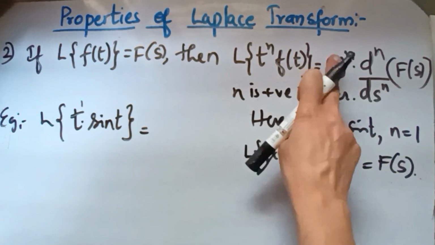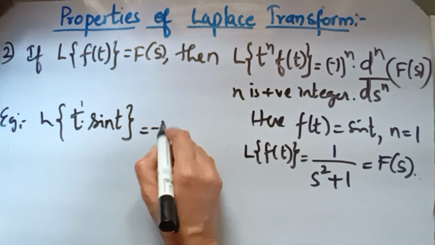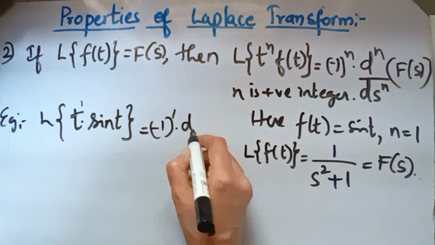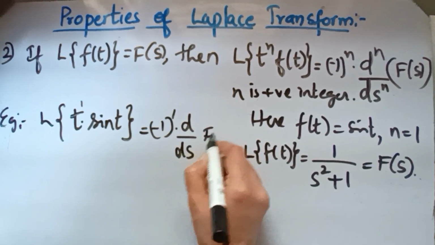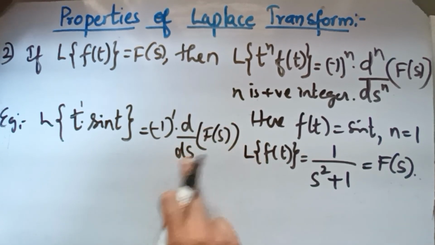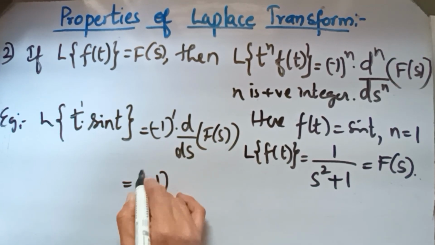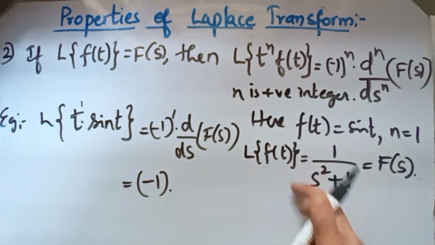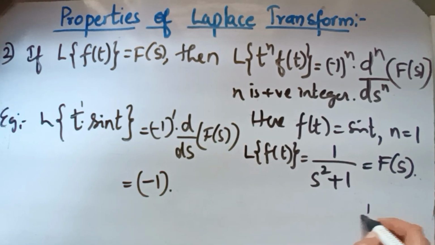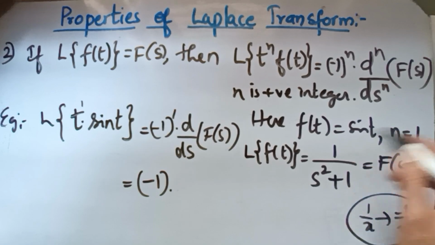So as per this property, this is minus 1 to the power 1 into d by ds of F of s. You have to find out the first derivative of F of s. So the minus 1 power 1 is minus 1 into, what is the derivative of 1 by s square plus 1? Derivative of 1 by x is minus 1 by x square. Apply the same property, then apply the chain rule.